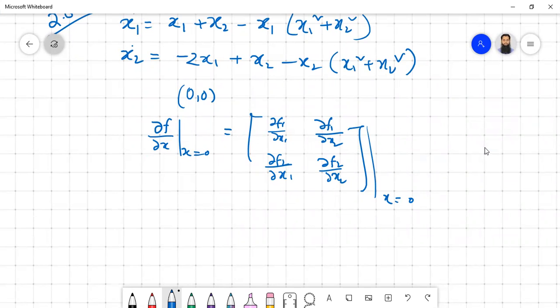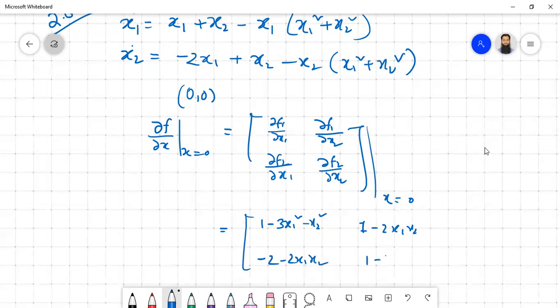Applying this on the equation, it becomes 1 minus 3x1 square minus x2 square, 1 minus 2x1 x2, minus 2 minus 2x1 x2, and 1 minus x1 square minus 3x2 square.